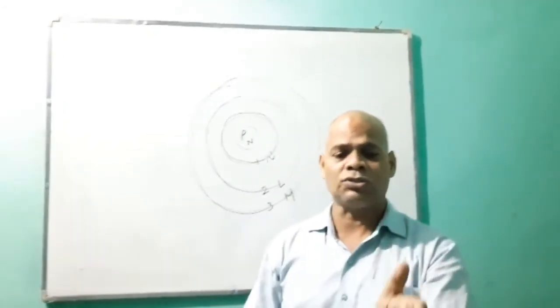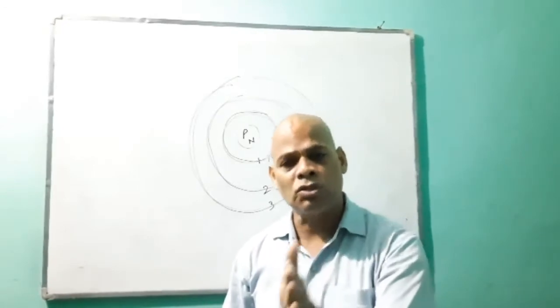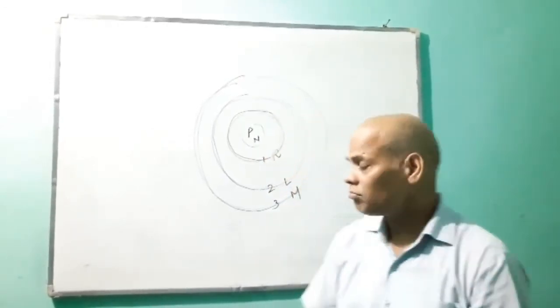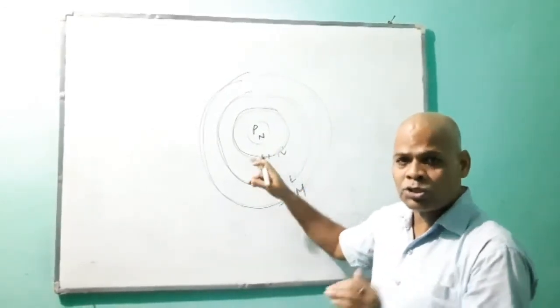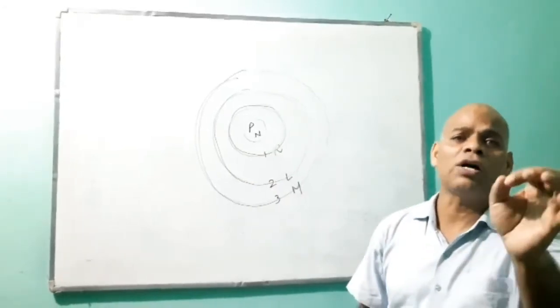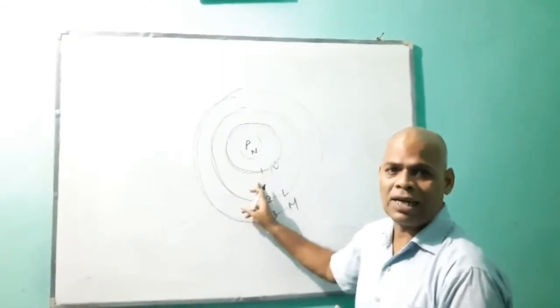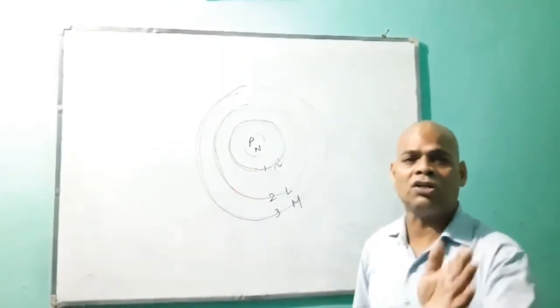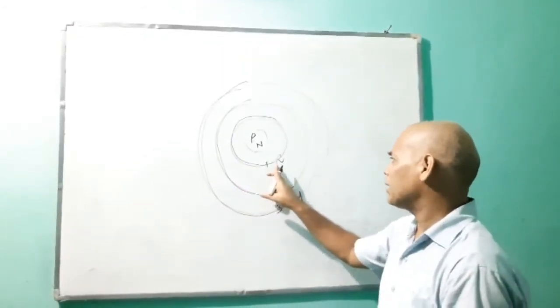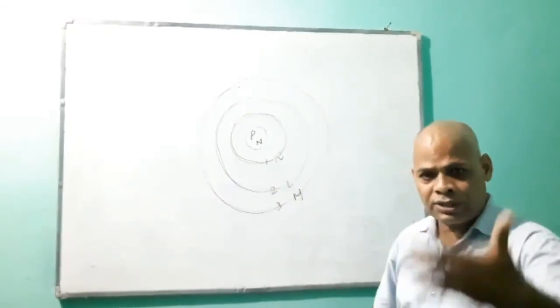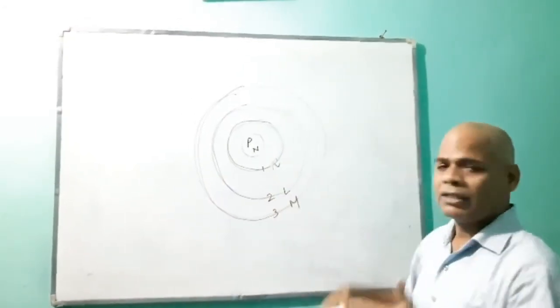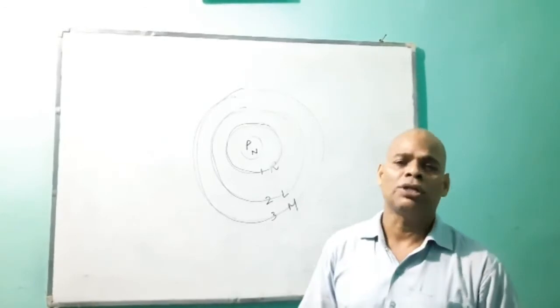The shell closest to the nucleus has lower energy, and as the shell number increases, the amount of energy also increases.